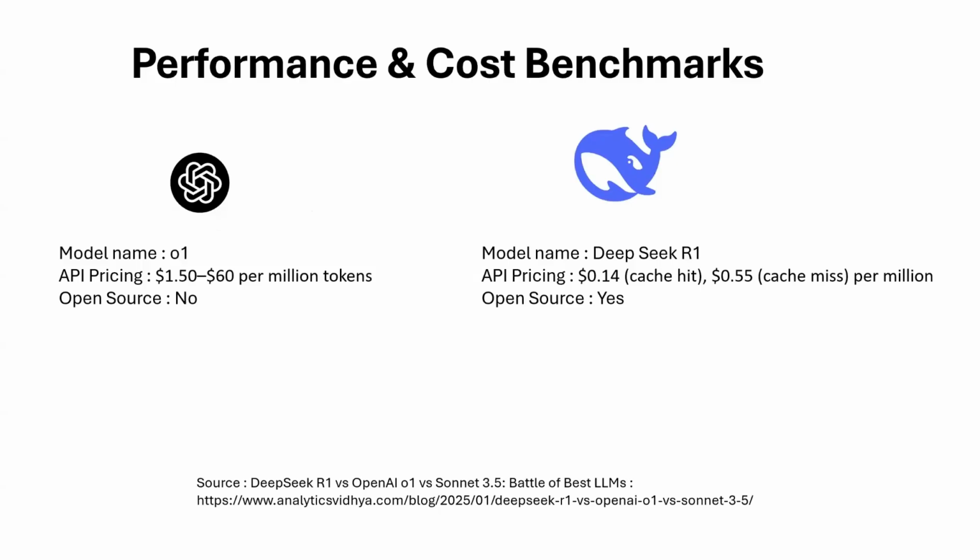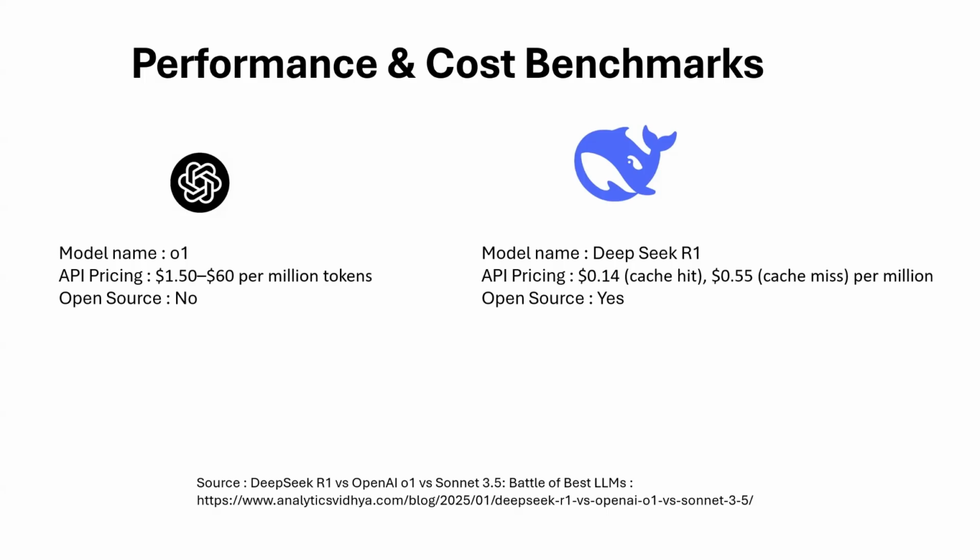The first thing that many people have been debating on the internet is the API cost. The O1 series of models has been developed by OpenAI, and the API pricing for that is between $1.50 and $60 per million tokens.